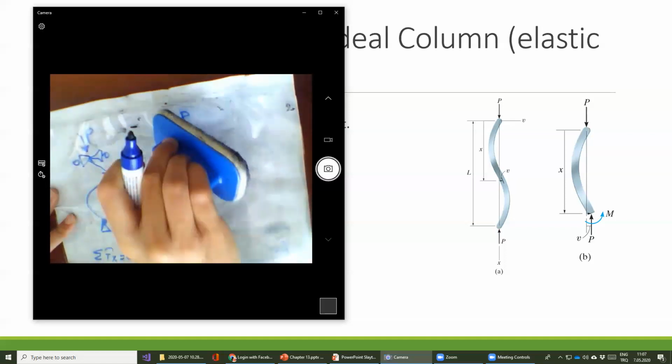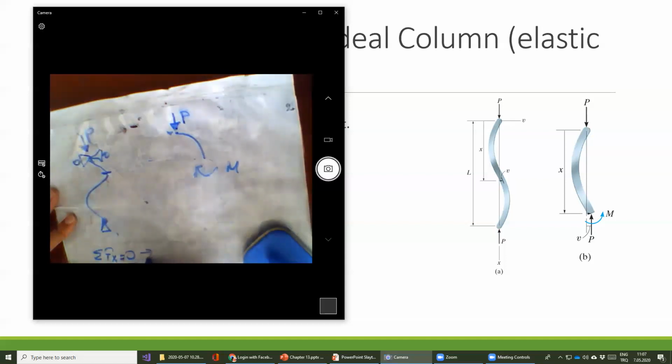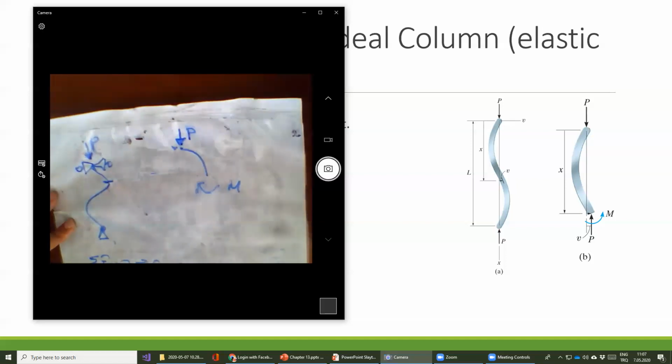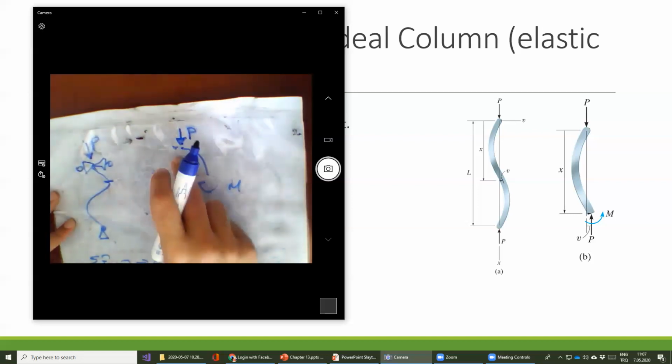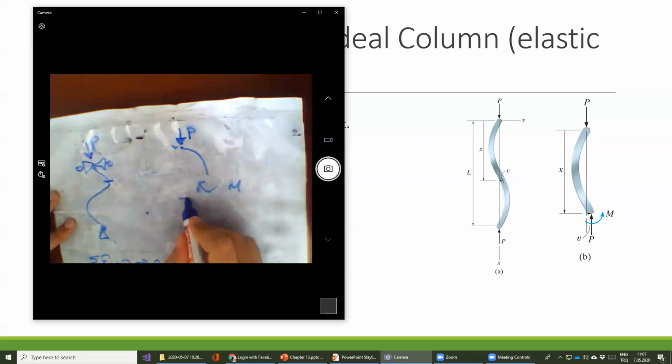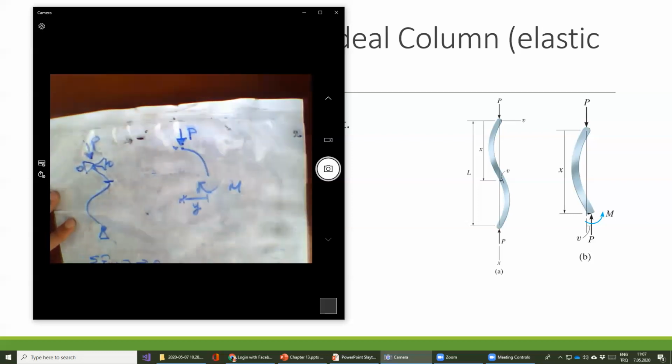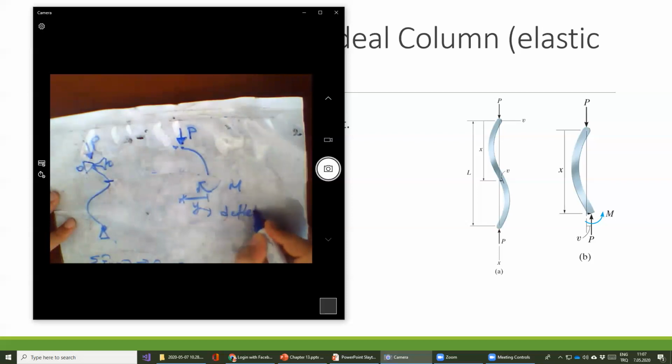Therefore, AX is equal to 0, so I don't need to write AX here. Just if we take the cross section, we have a vertical point load. Also, this length we don't know, so I want to write it as y. What is y? y is the deflection.